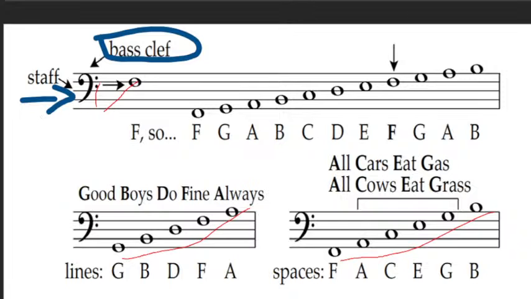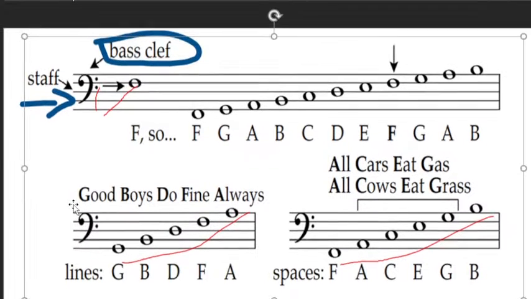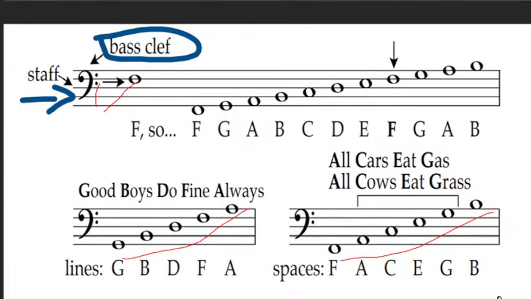If you want to memorize them well, you'll be able to use this sentence: all cars eat gas, or all cows eat grass.